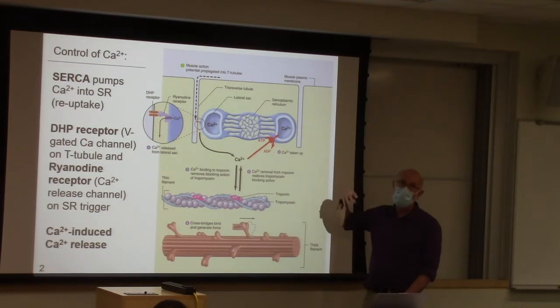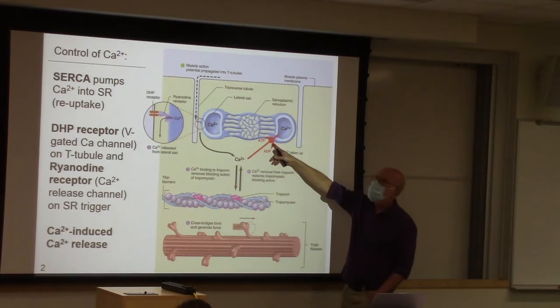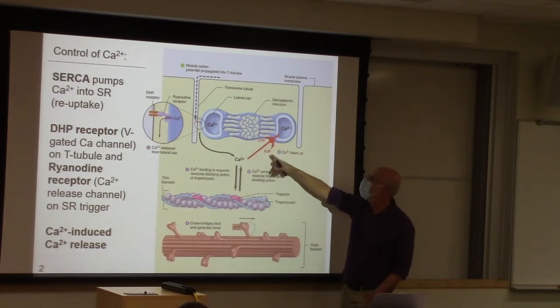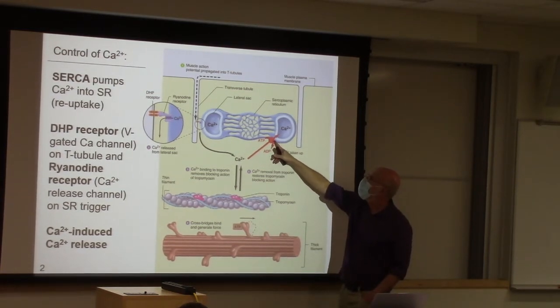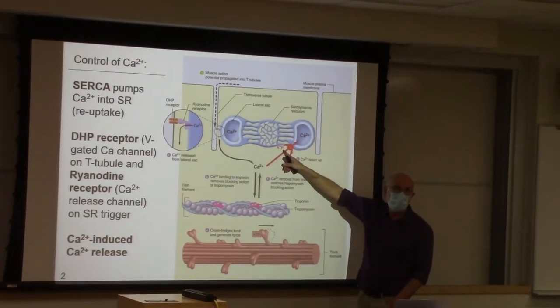So you'll remember from Monday and from previous classes that this is SERCA, sarcoplasmic endoplasmic reticulum calcium ATPase.